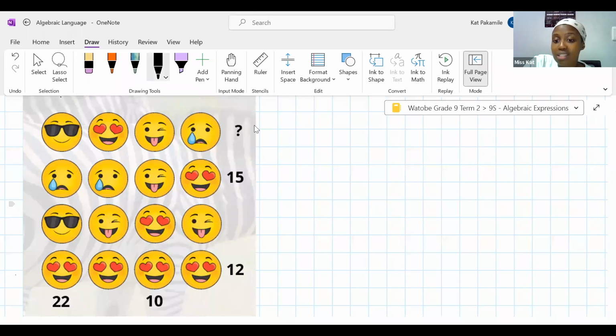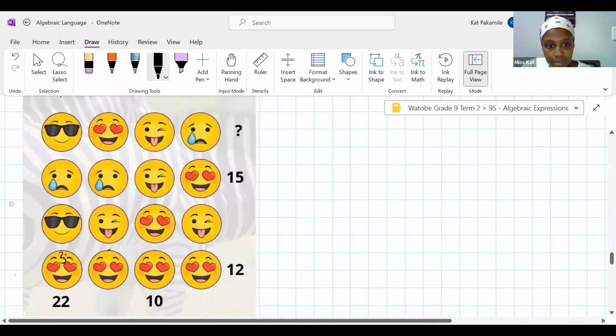Ntabise wants to try. Let's hear what Ntabise has to say. So I figured out that the hearts equal 3, because 3 plus 3 plus 3 plus 3 is 12. Yes.